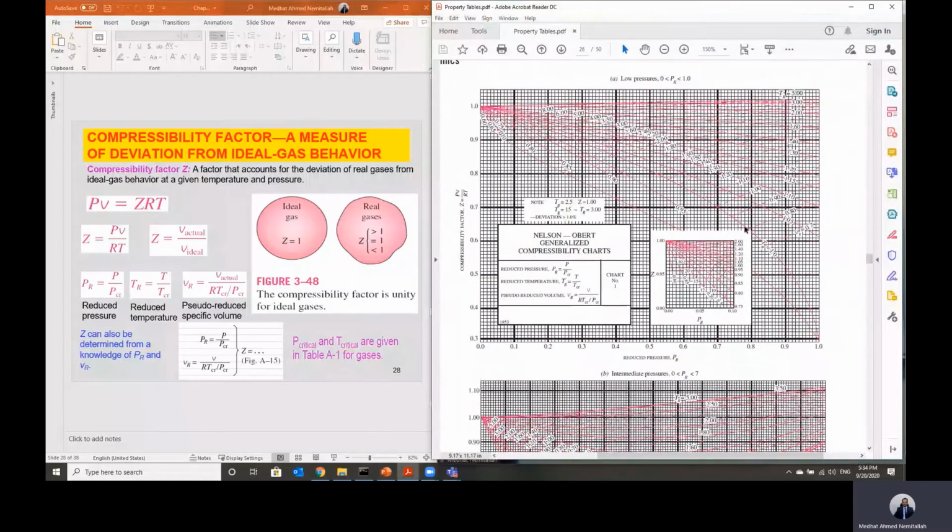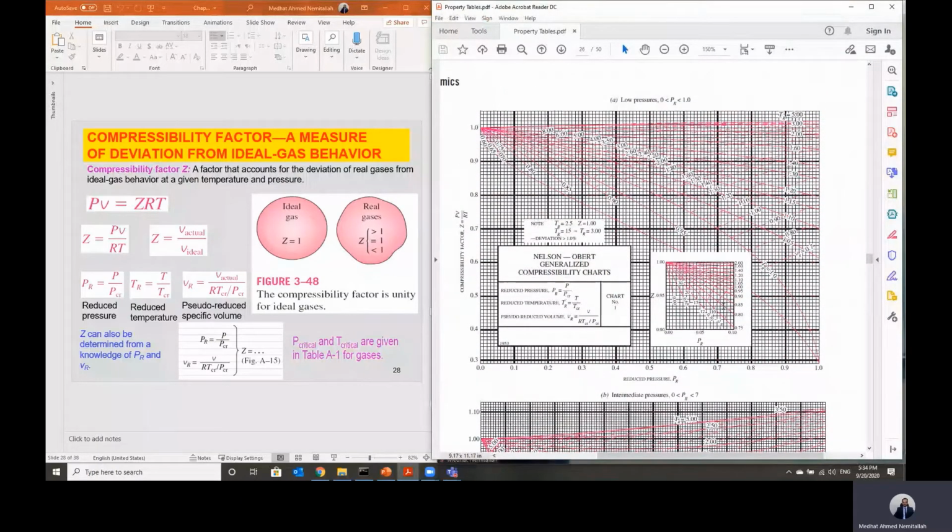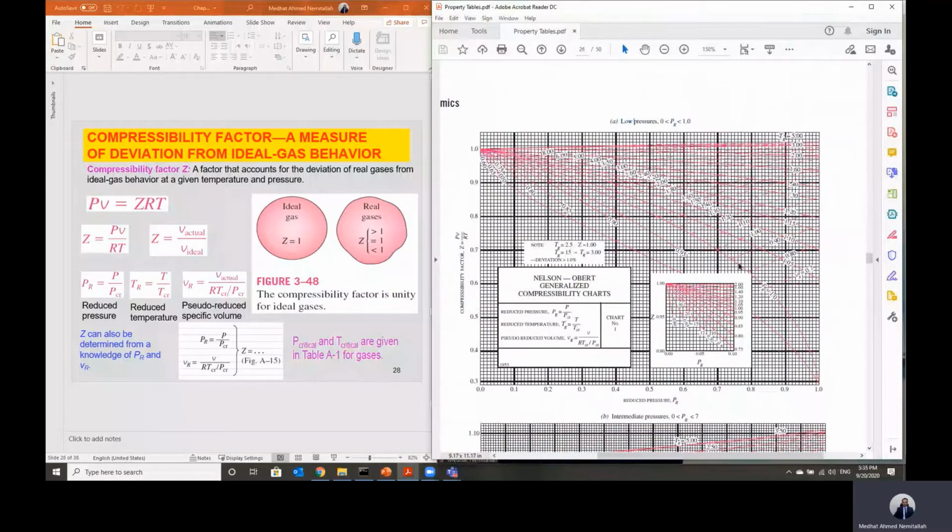You will find this chart is divided into two parts. Part A is for values of reduced pressure from 0 up to 1. So if I calculate the reduced pressure and its value is between 0 and 1, I will be using chart A15A. At any given value of reduced pressure, you will find lines here representing the values of reduced temperature.